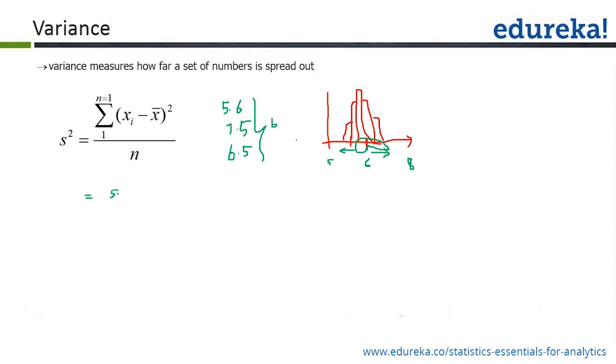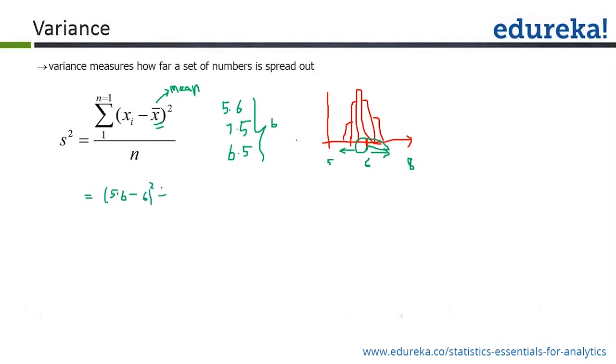You take each and every observation and subtract it from the mean. This number is an indication of the mean. You take the first observation, subtract it from the mean, and square it.